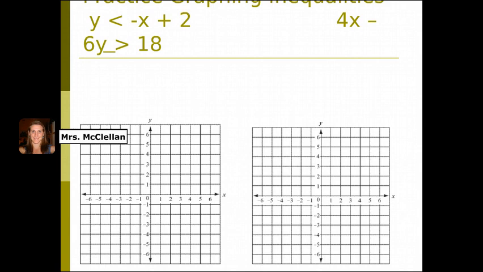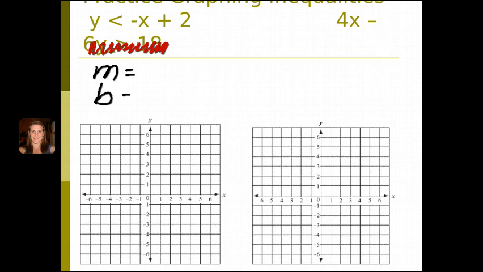Okay, so we're going to practice graphing inequalities. Since our first inequality is already solved for y, we can begin graphing by locating the slope and the y-intercept. The slope in this inequality is going to be a -1.